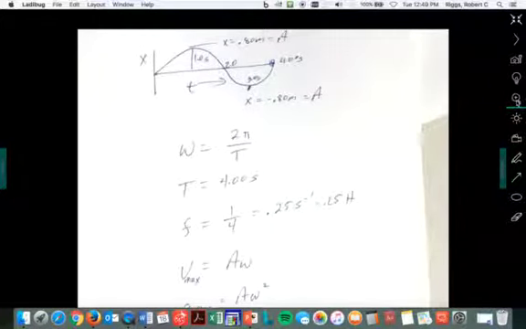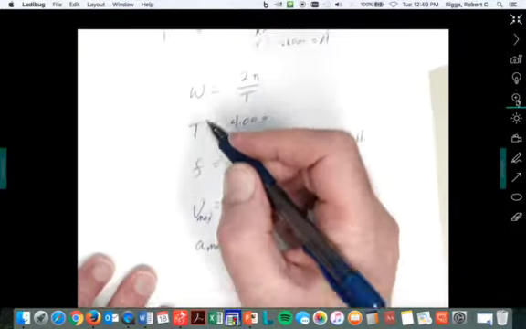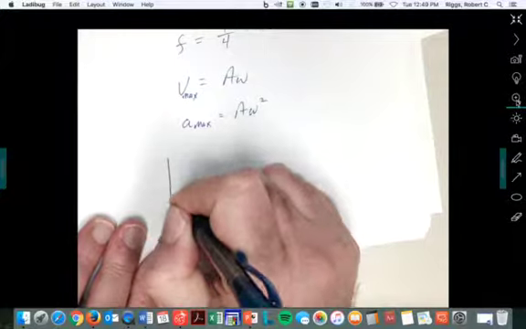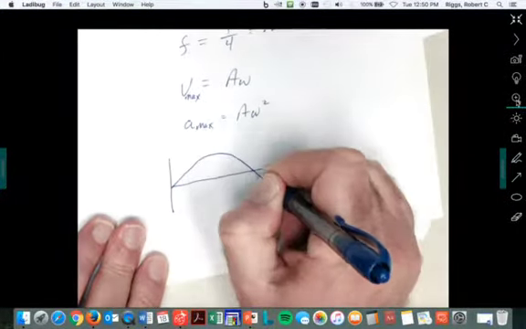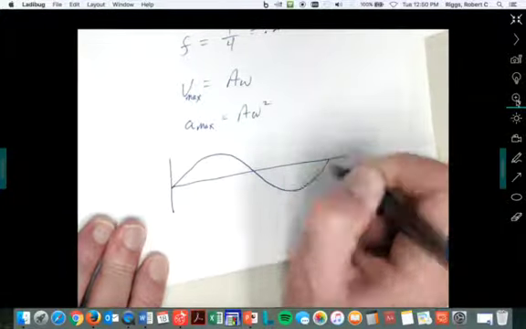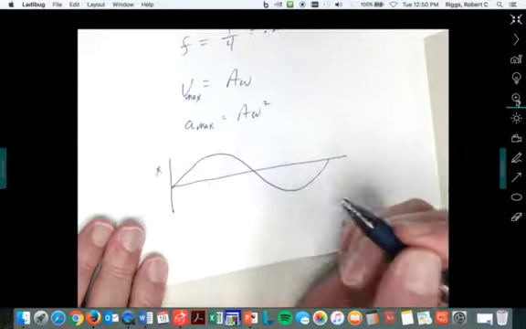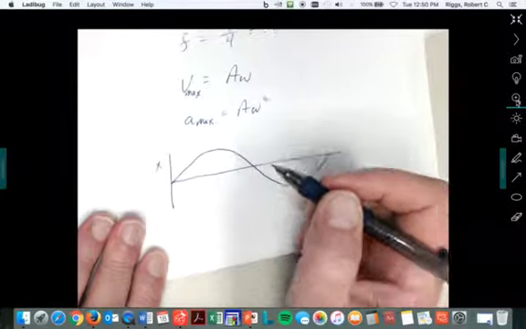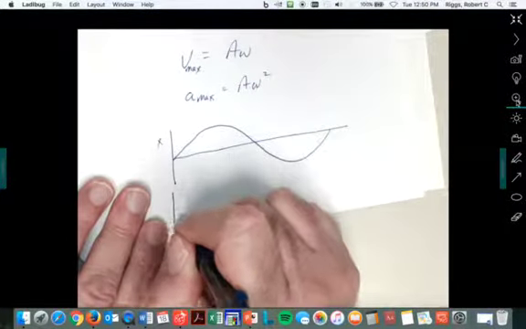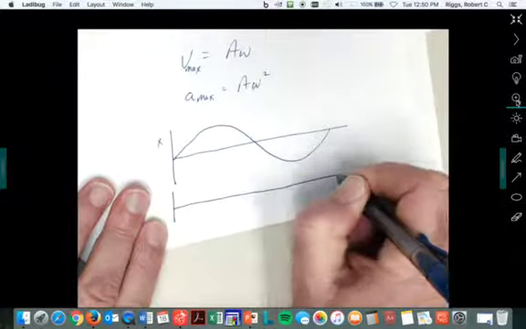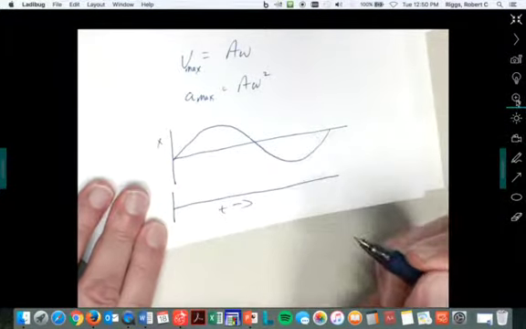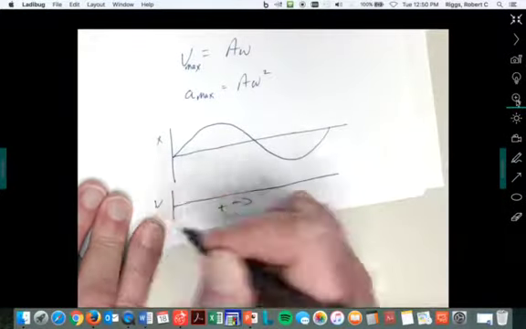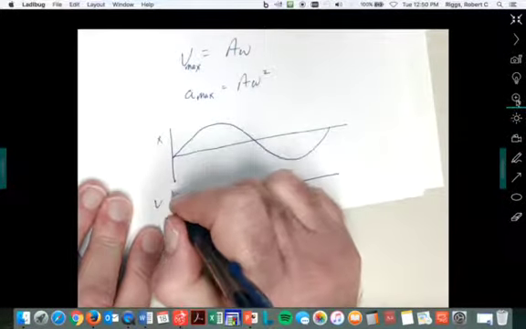The other thing I wanted to show you, I want to draw this again so you can see it. Here's x, the displacement, and once again, this is the time. Now I'm going to do velocity on this.